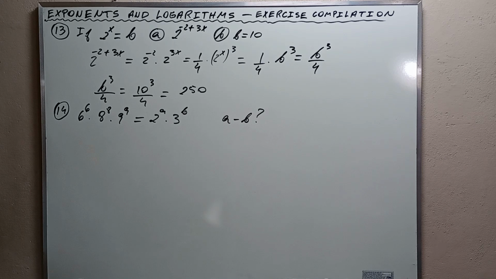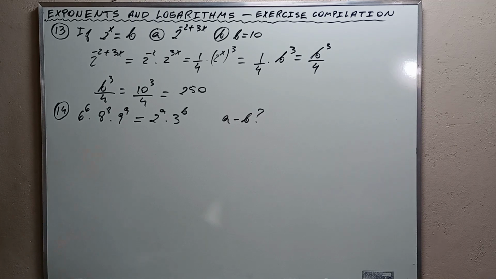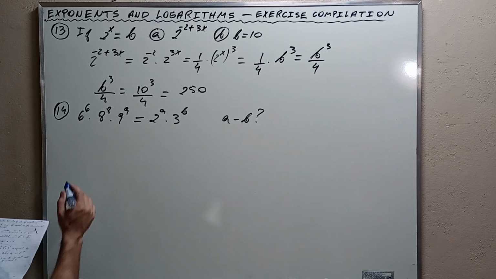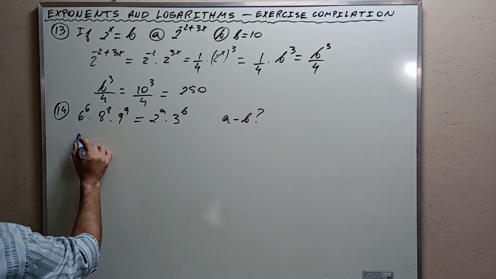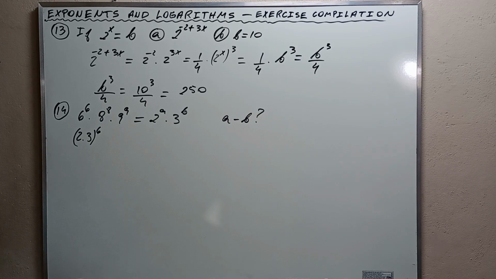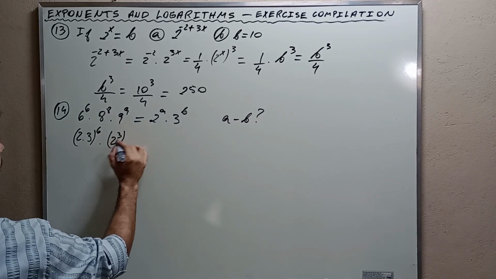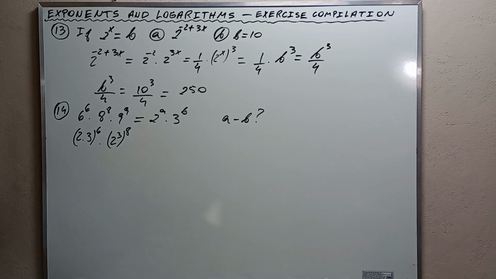Okay? So 6 is 2 times 3, isn't it? Then we're going to have that it is 2 times 3 to the 6th power. And how about 8? 8 is 2 cubed, isn't it? Then 2 cubed to the 8th power.